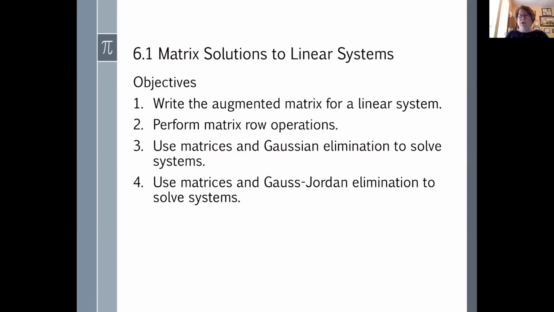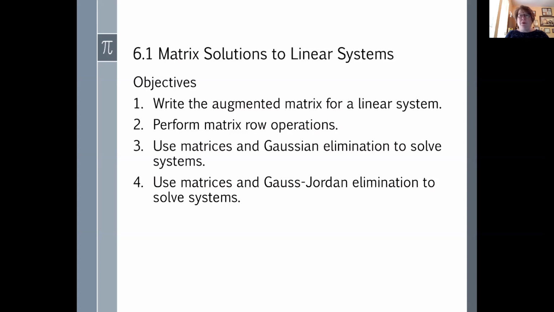So we will then use matrices, our augmented matrix, and Gaussian elimination to solve systems. We're going to put our augmented matrix in row echelon form. That's Gaussian elimination. Then we'll use Gauss-Jordan elimination.